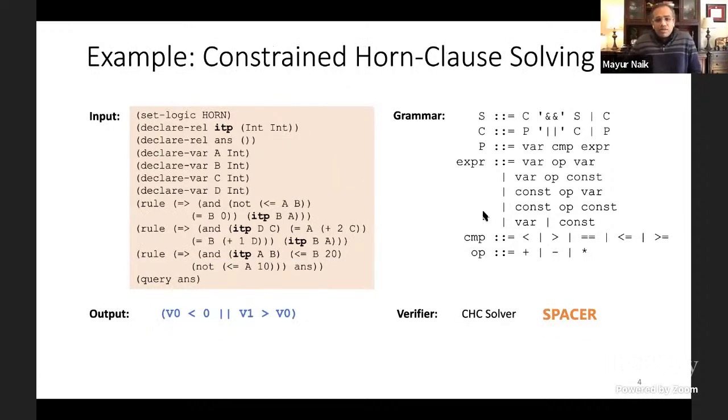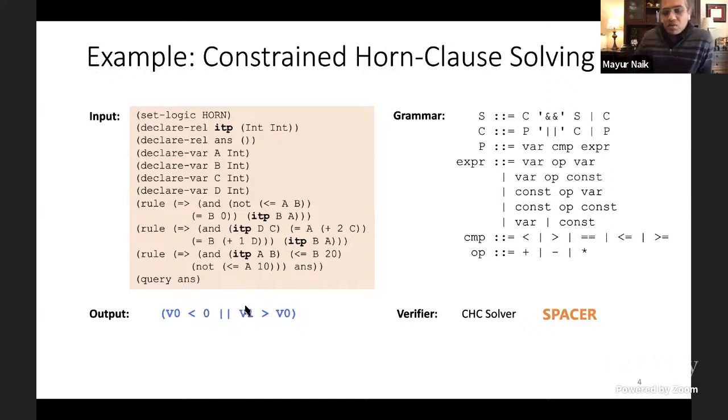Another example is constraint solving. In this case, you have a different formulation of the same problem I showed on the previous slide, except that now instead of an SMT solver, we might want to use a CHC solver. And the input looks very different this time. It is still a verification condition, but now these are all Horn constraints. And the output grammar is still the same.